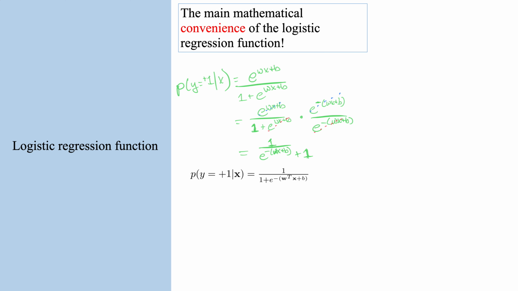So this is the main idea of logistic regression, that we can take this guy, the probability of y being positive class, and break it out into a format that looks like this: 1 plus e to the negative wx plus b.